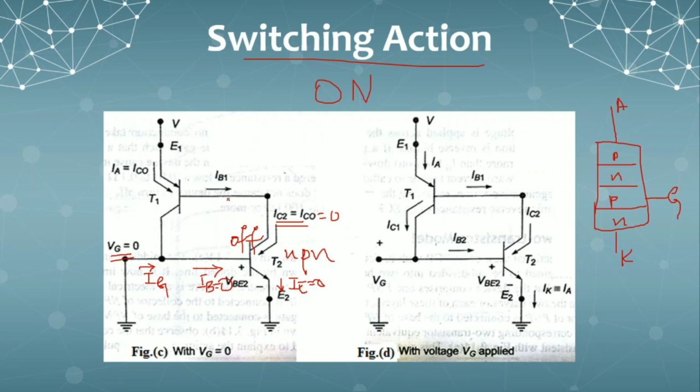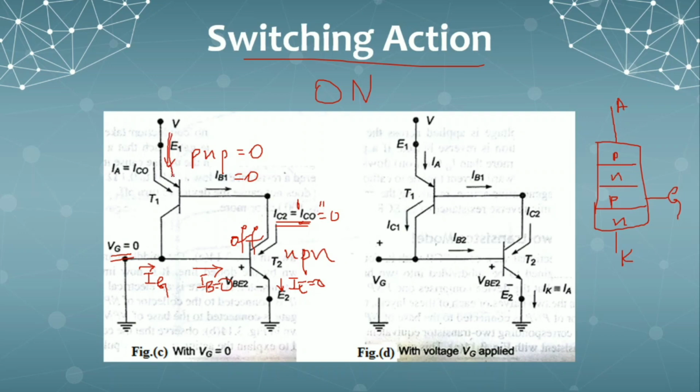And whatever current you are getting from the base of the PNP transistor is also equal to 0, that is IB is also equal to 0. Here you may get a small amount of current, which is the saturation current ICO. That's all, which is a negligible amount of current.